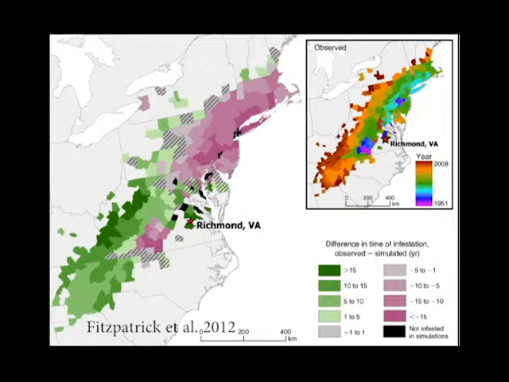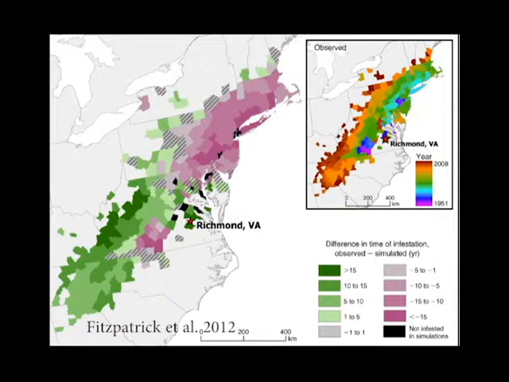So even though the initial introduction was kind of isolated, it took some amount of time for the insect to escape its initial introduction area and get into wildlands. But what we see is that some areas here were invaded more quickly than we would expect based on the biology, and some areas have been invaded more slowly than we would expect based on the biology.